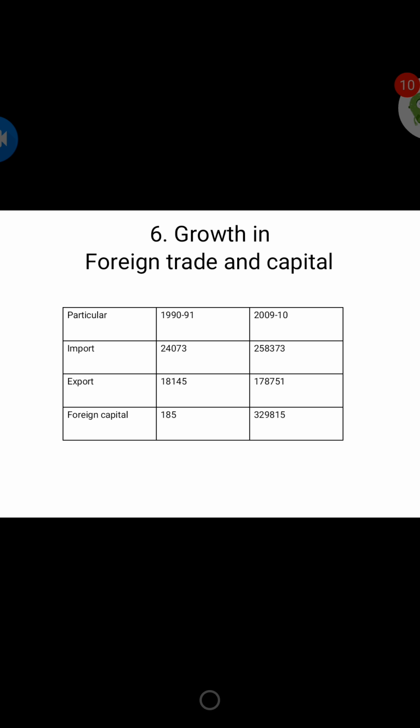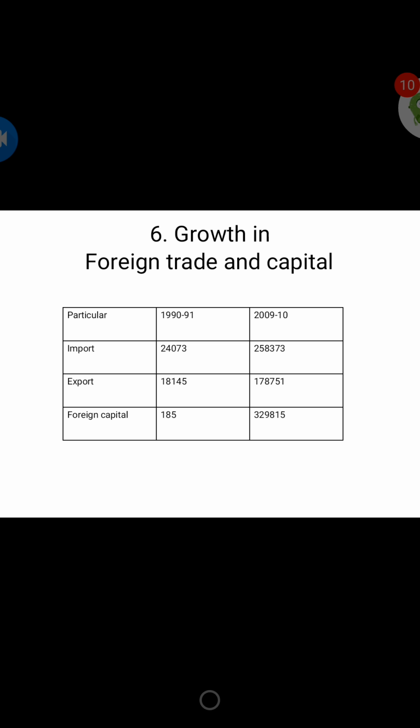The next is growth in foreign trade and capital. Due to globalization, foreign trade was allowed, so you were allowed to compete there. Foreign capital and foreign trade have played a role in the economic progress of the nation. Domestic business became competitive, with new and modern technology in the economy, and the new economic policies pursued by India after the 1990s have contributed towards this.